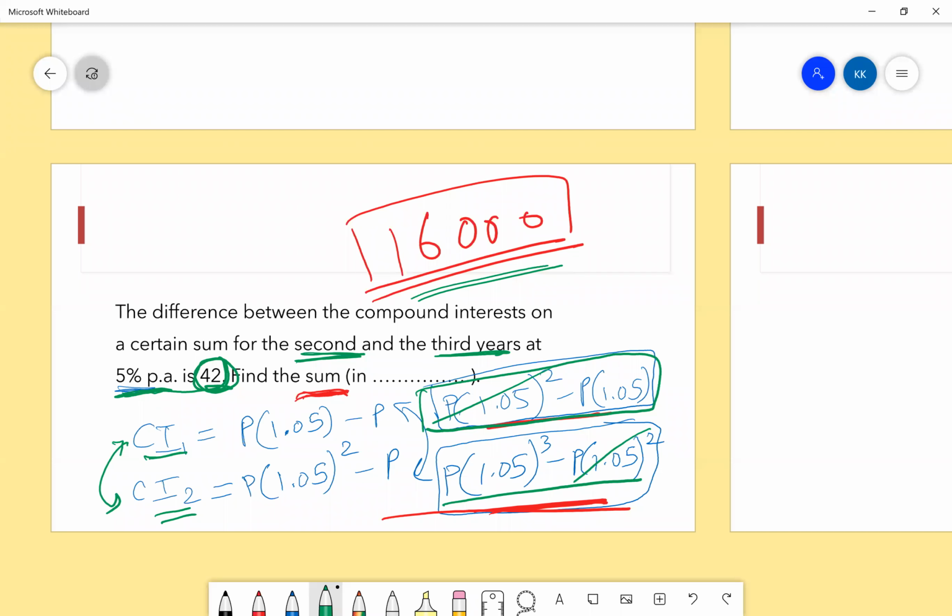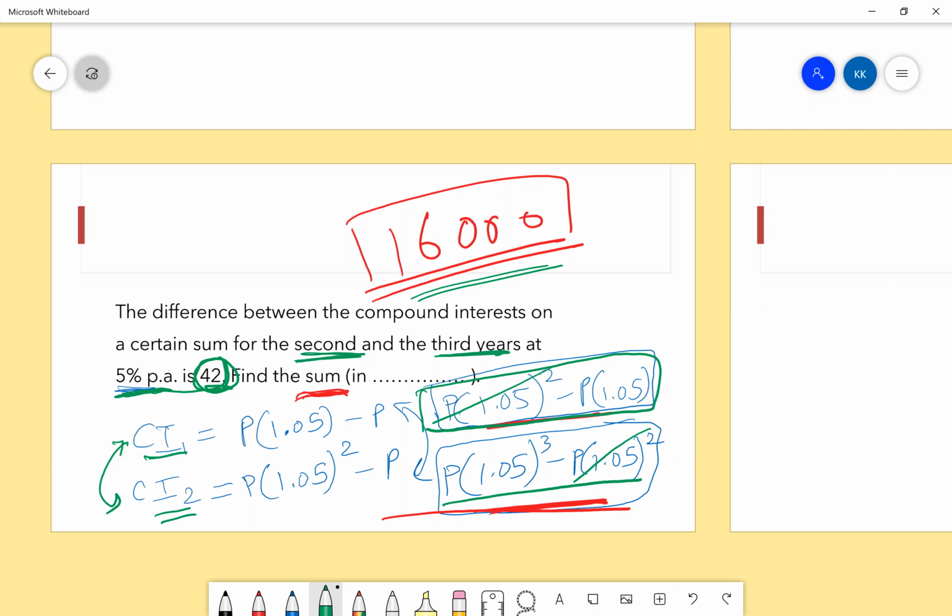So basically you will have P into 1.05 cubed minus P into 1.05 squared minus P into 1.05 squared, that is twice of this, minus P into 1.05. So you will have three terms of P, and the coefficients will get subtracted and added depending on their signs.